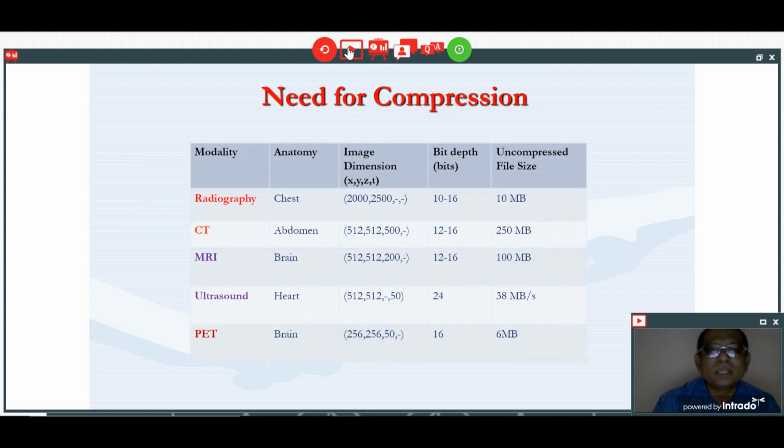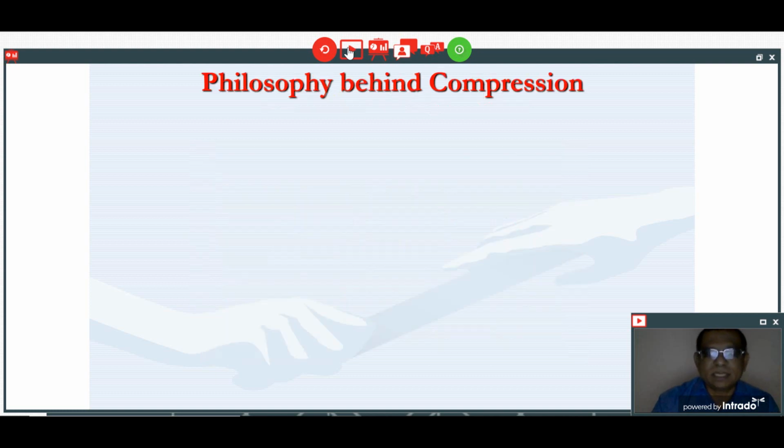The need for compression can be understood by this simple diagram. Here we have different medical image modalities, starting from X-ray, CT, MRI. For all this data, a huge volume of data storage is required. Since we need to store a huge volume of data, we need some strategy to minimize the amount of data required for storage as well as further processing.